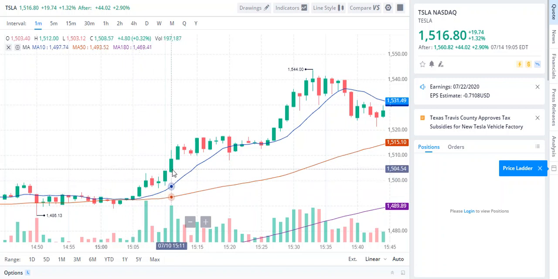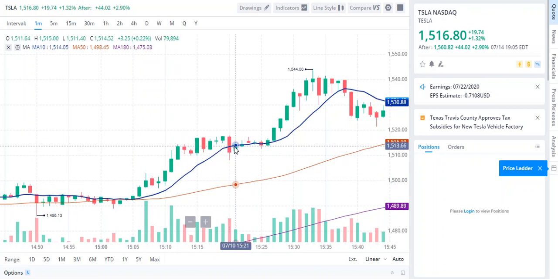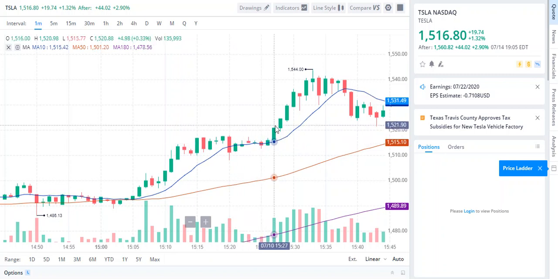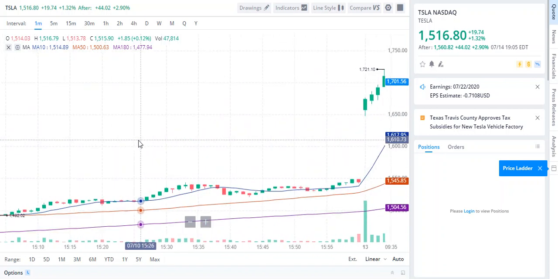And it doesn't go below that, but then it crosses down here, and then it crosses above, and now you have a new support, which is 1514. And then once it does the same thing again, it closes below, goes above. Now your new support is 1515, and so on and so forth.